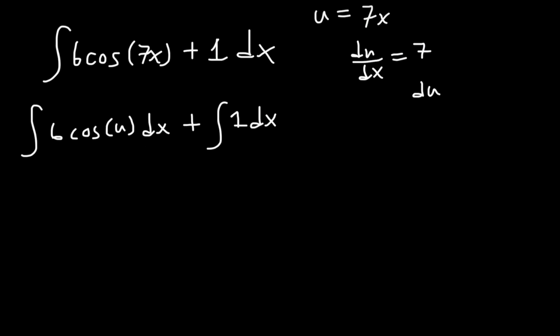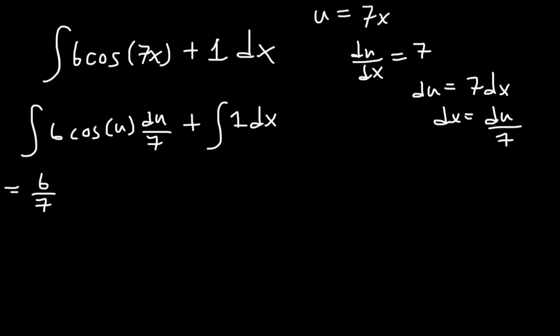So du equals 7 dx and dx equals du over 7. So I'm going to replace this with du over 7. And this is equal to, I can just move the 6 over 7 to the front.